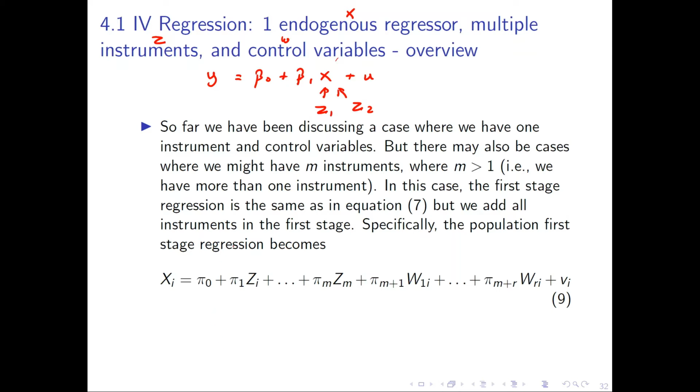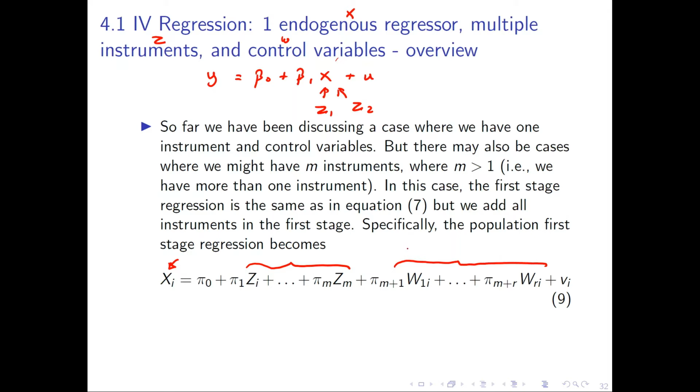So what we get is the first stage regression, which is the endogenous variable explained by the instrumental variables plus the control variables and the exogenous variables.